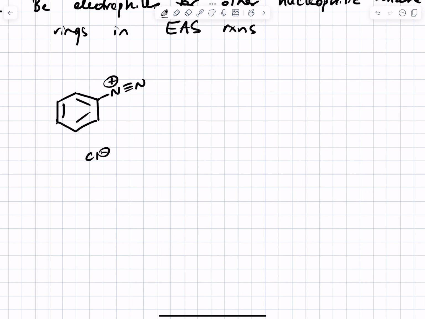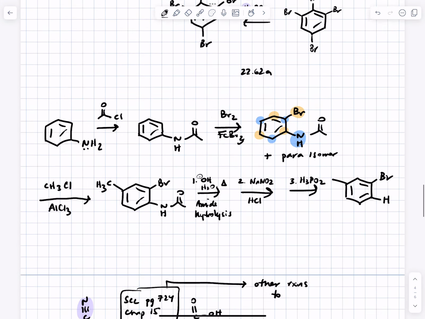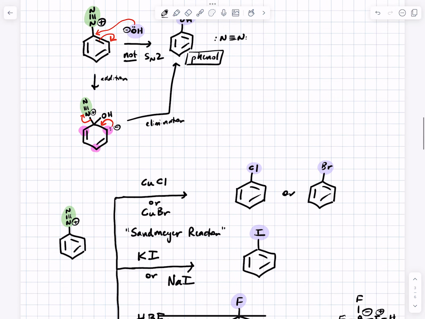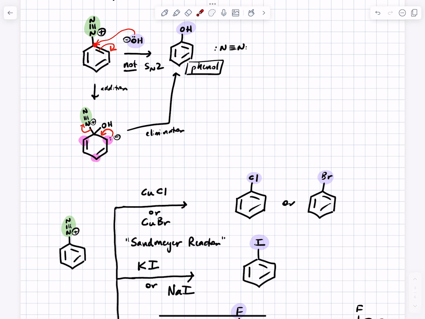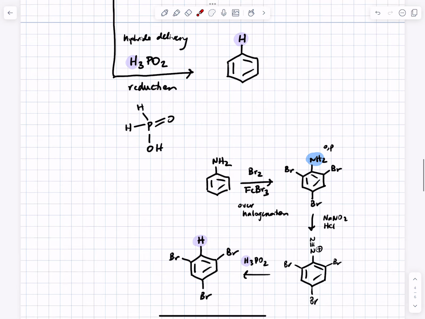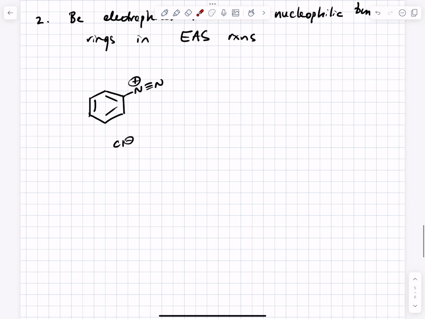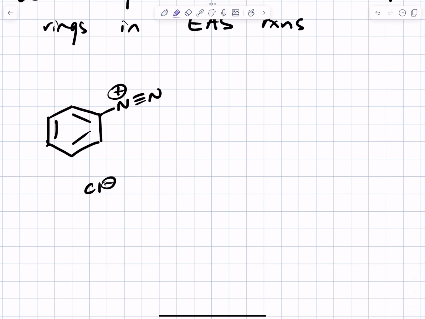And I've already told you in the chemistry above, you've seen that the electrophile is electrophilic at the carbon that's bonded to the nitrogen. But aryl diazonium salts are also electrophilic at this nitrogen. That makes a little bit of sense because that nitrogen is attached to a positively charged nitrogen.